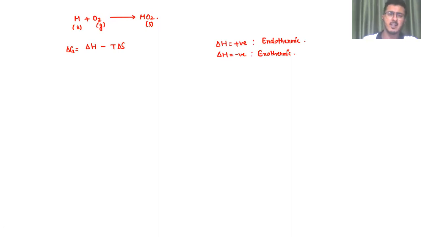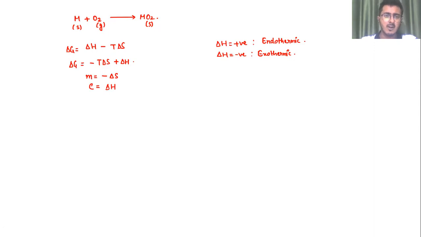So from the expression delta G is equal to delta H minus T delta S, I can say that delta G is equal to minus T delta S plus delta H. This is the equation of a straight line, that is y equal to mx plus c, where m, the slope of this straight line, is the negative of the change in entropy, whereas the intercept is given by delta H, the change in the enthalpy of the reaction.